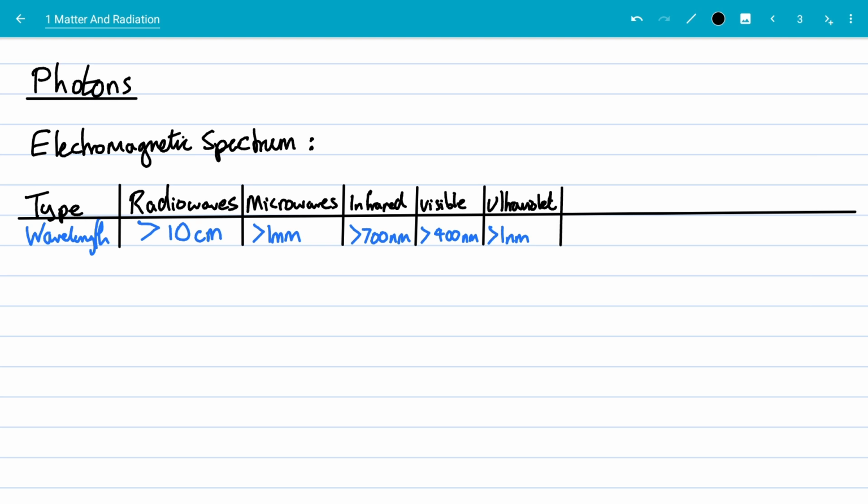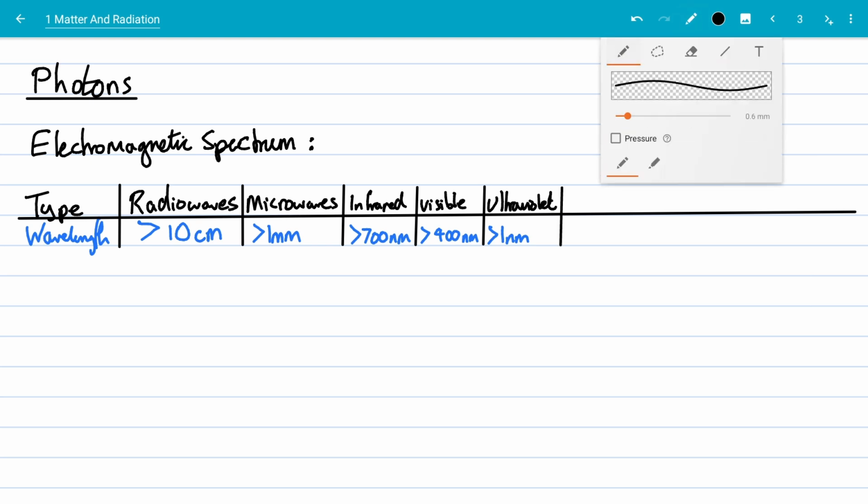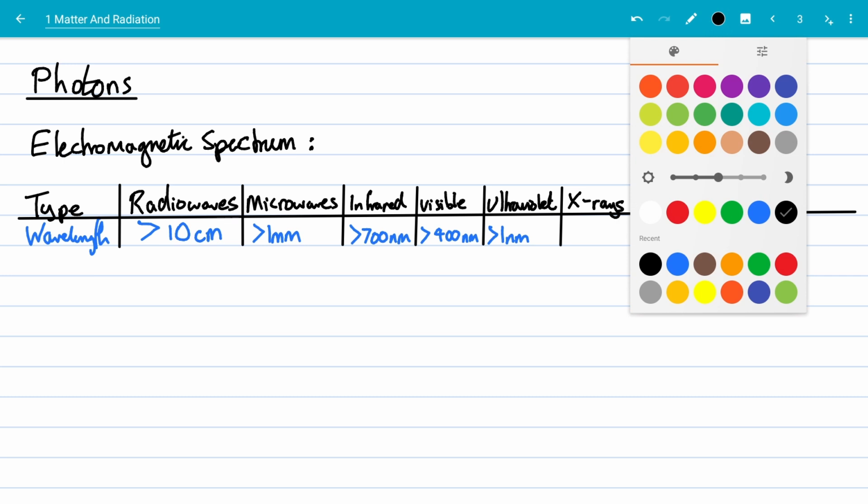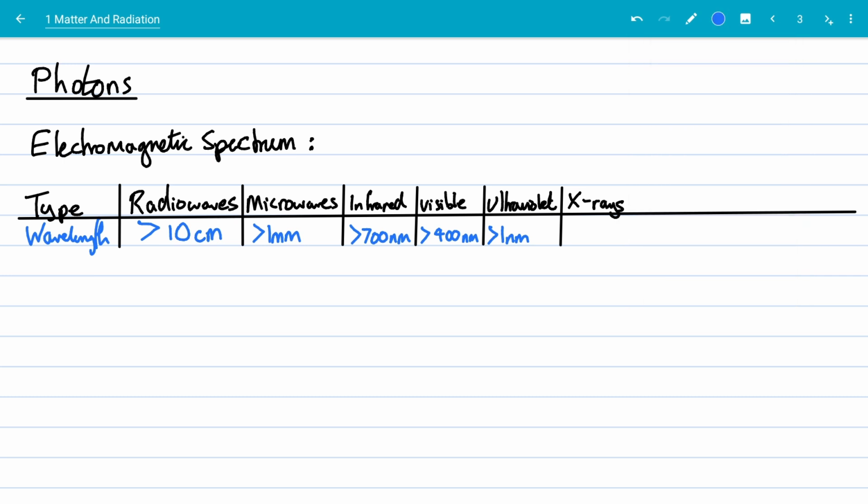Then we go towards X-rays. And really, X-rays should be at the end of this electromagnetic spectrum, because all of the parts of this electromagnetic spectrum so far are emitted when we have radiation emitted from electrons in the orbits of atoms. And when those electrons de-excite, they emit all these parts of the electromagnetic spectrum.